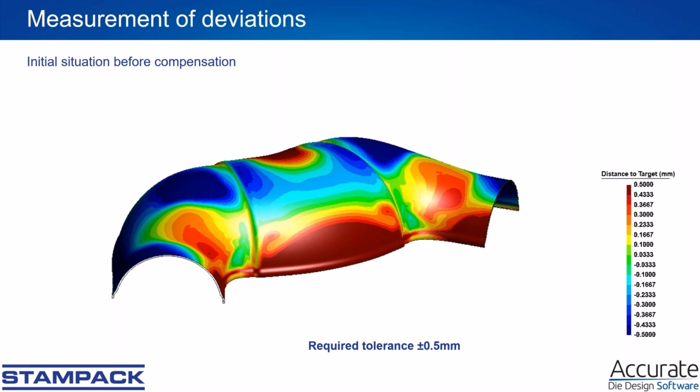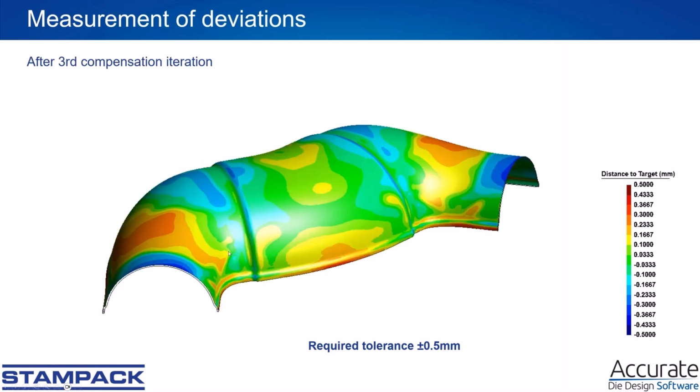So this cannot be. Then our springback compensation takes the die surfaces and compensates them. Here you have vertical walls, and we also compensate perfectly in the vertical walls. After the third iteration, you see in the color map we are perfectly in tolerance.